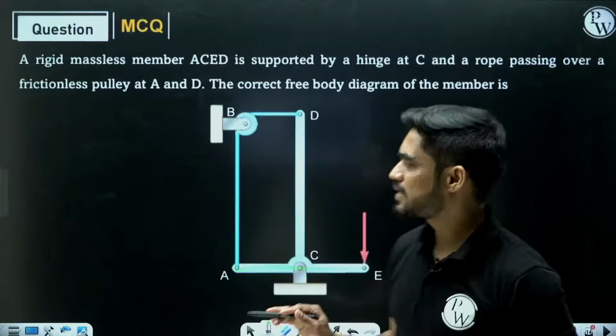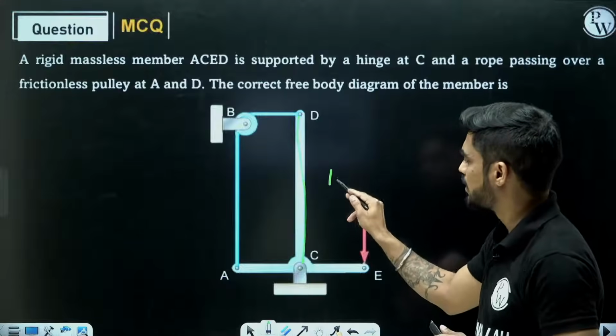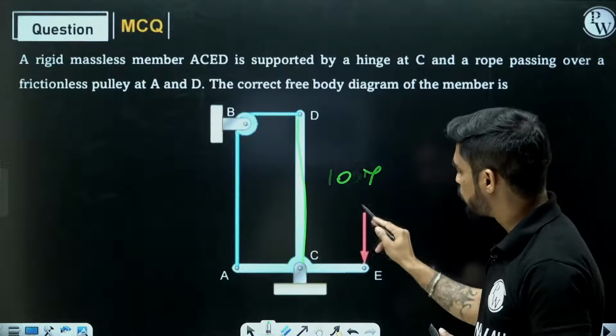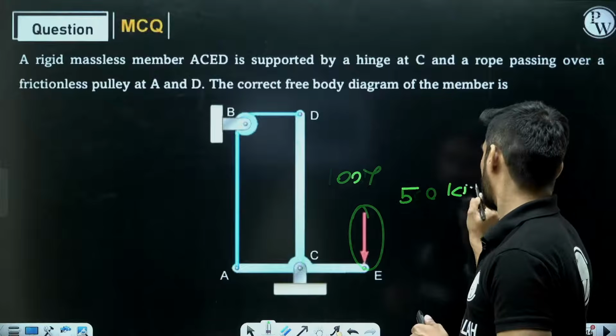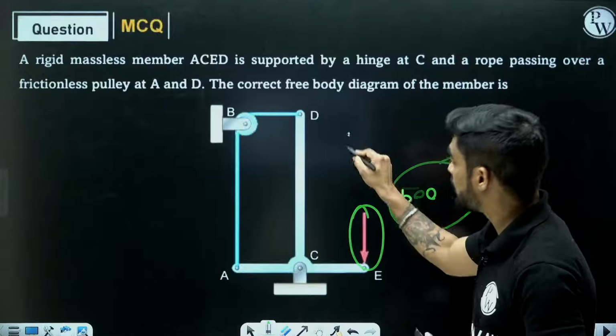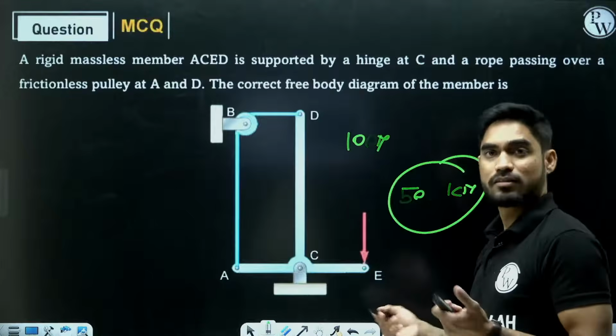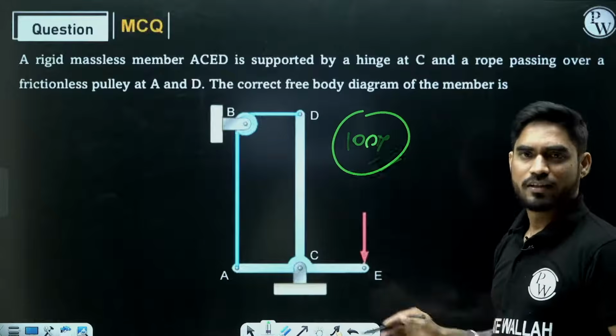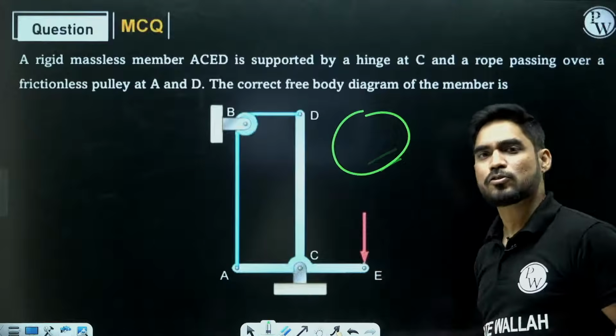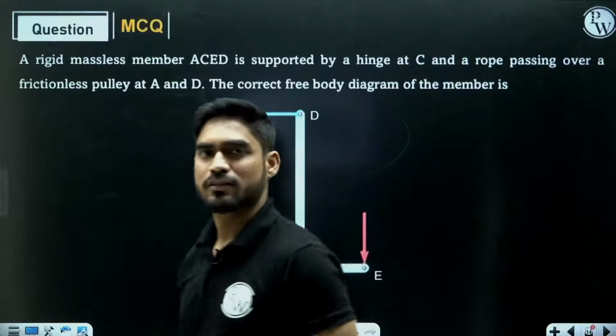Okay. Let's say the weight of this member is only 100 Newton and the force acting on this body is 500 kilonewton. So imagine 500 kilonewton and only 100 Newton. So this 100 Newton is nothing. Even if you ignore this, the reaction forces are not going to change a lot, right? Chalo.